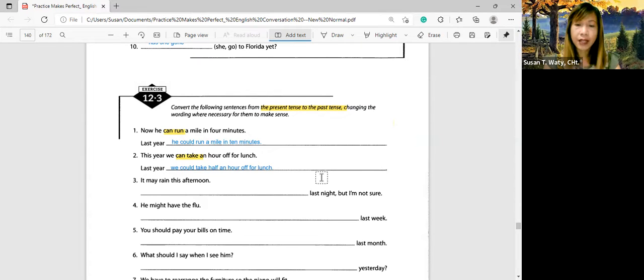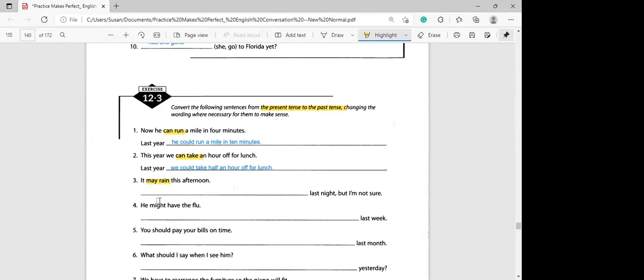Okay, let's do number 3. It may rain this afternoon, blah, blah, blah last night, but I'm not sure. This is may rain. So how does it change to past tense? Let's have Sita try number 3.